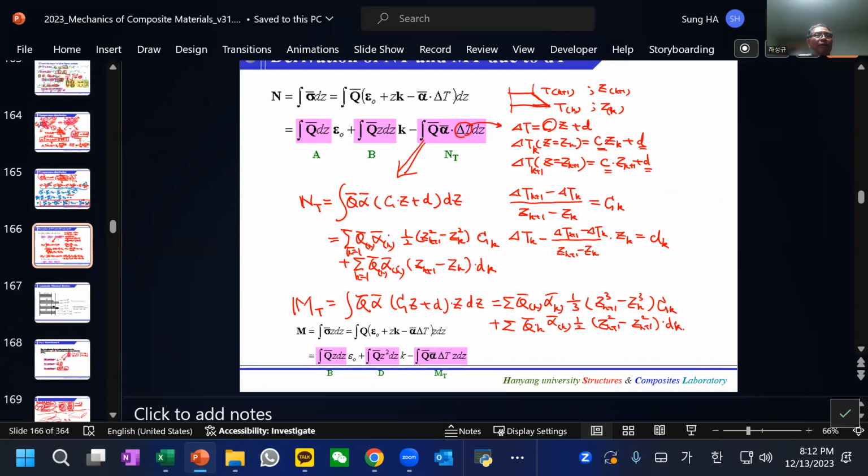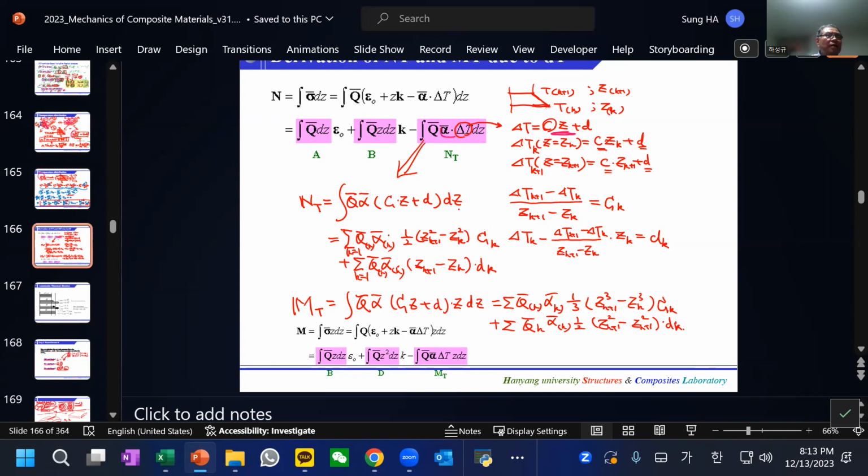So delta T can be a linear function of z, which we just got as the result, because the temperature Laplacian needs to be linear for the steady state case. Then we put this delta T into here, linear assumptions.